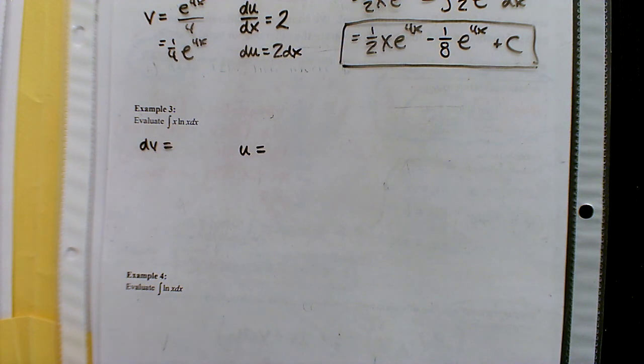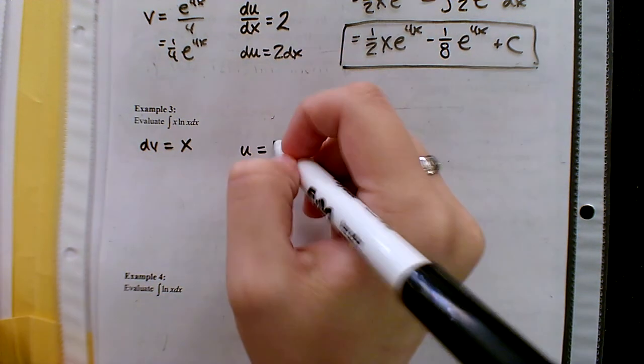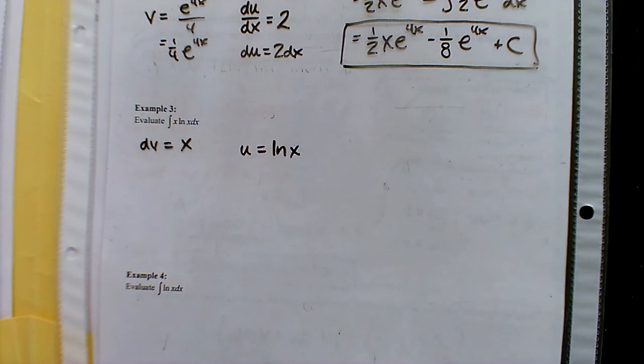Do you have an exponential? No. Do you have a trig? No. Do you have an algebraic? Yes, that's x. Which means the natural log would be the u variable.